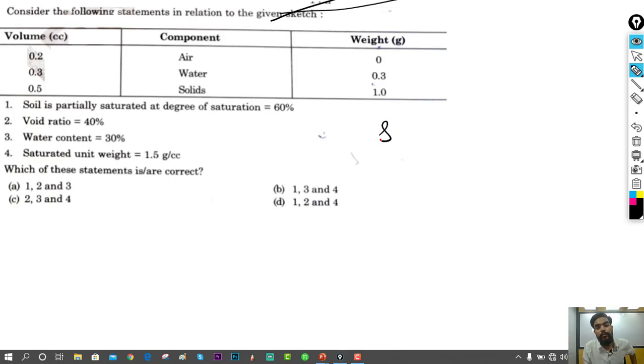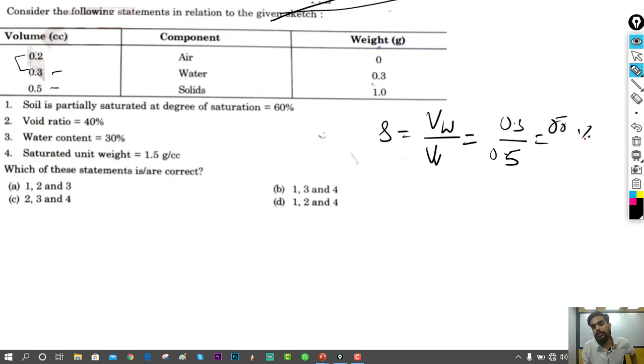We know the formula of degree of saturation is volume of water divided by volume of void. Volume of water is 0.3, and volume of void is the addition of both these values, 0.3 plus 0.2, which means 0.5. When we solve this calculation, it is 60%. So our first option is correct.